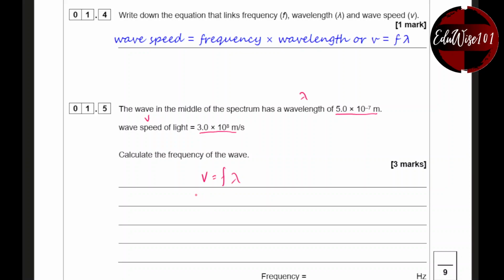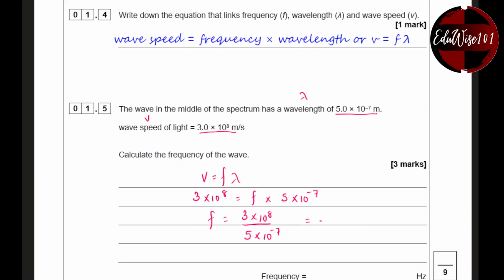So wave speed is 3 times 10 to the power 8 equals frequency multiplied by the wavelength, which is 5 times 10 to the power minus 7. So frequency is 3 times 10 to the power 8 divided by 5 times 10 to the power minus 7.